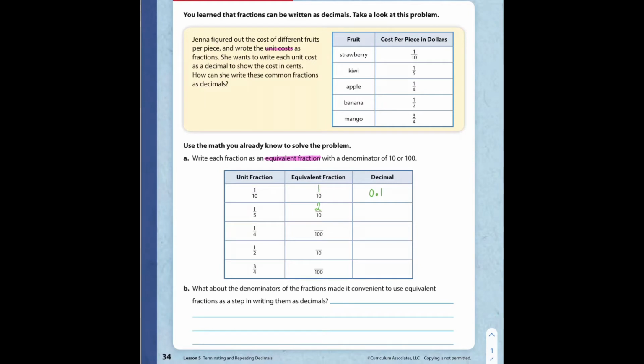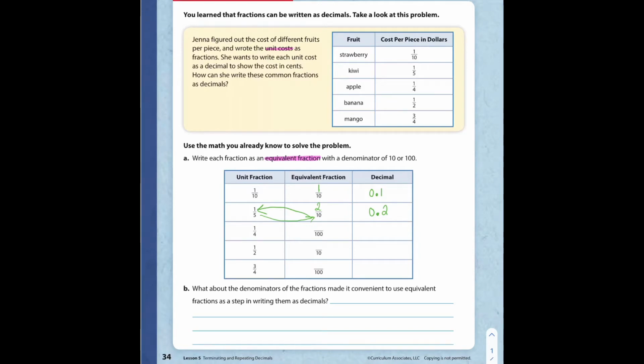And when we think about how to write that, we know that 5 will go into 10 two times, and then 2 times 1 gives us that numerator of 2. And then we can write 2/10 as a decimal as 0.2.